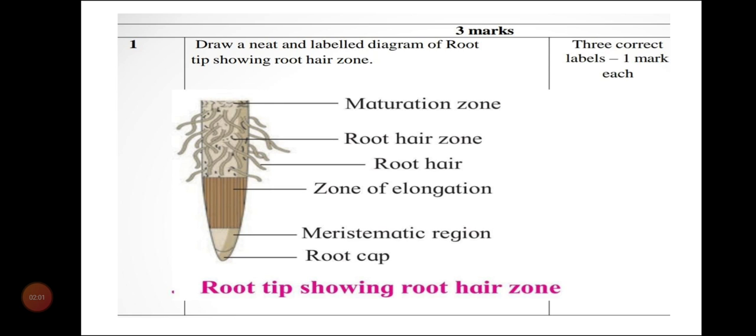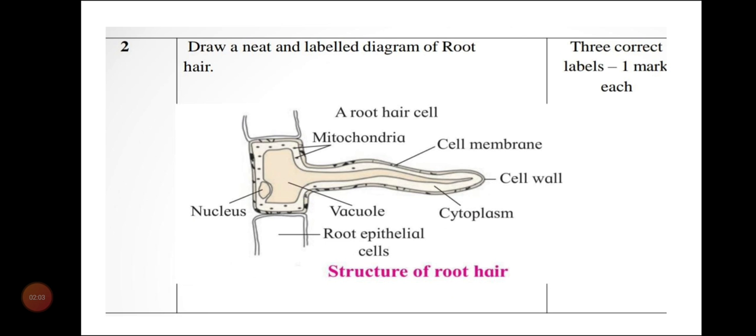So let us move to the next question for 3 marks. The second question is again a diagram: draw a neat and labeled diagram of root hair. Again a very simple diagram, same for 3 marks. You have to do 3 labelings. Remember, you have to do 4 labelings. As per the pattern, 3 correct labelings, you will get 1 mark each, that is 3 marks.